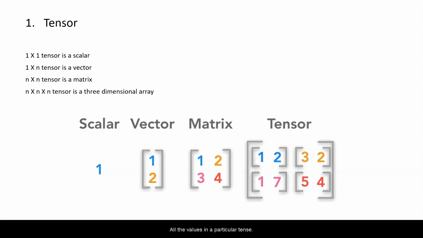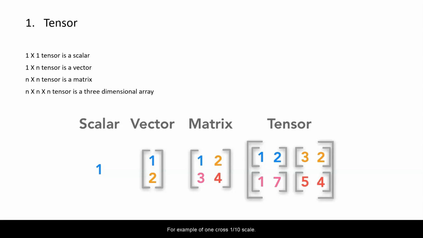All the values in a particular tensor hold identical data types, and the structure of the data is known as its shape. The shape of the data is also sometimes referred to as its dimensionality. A tensor can originate from the input data, or it can be a result of a computation. So a tensor is nothing but an n-dimensional array.